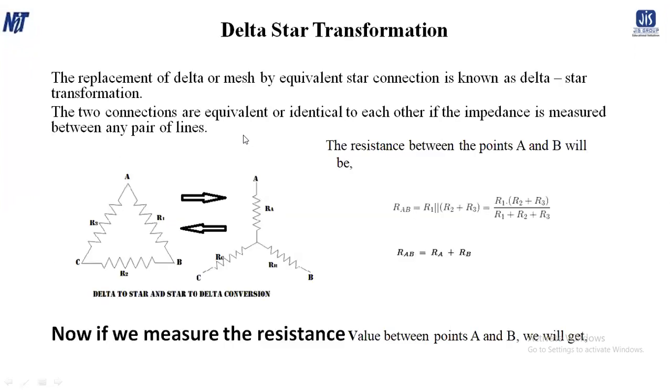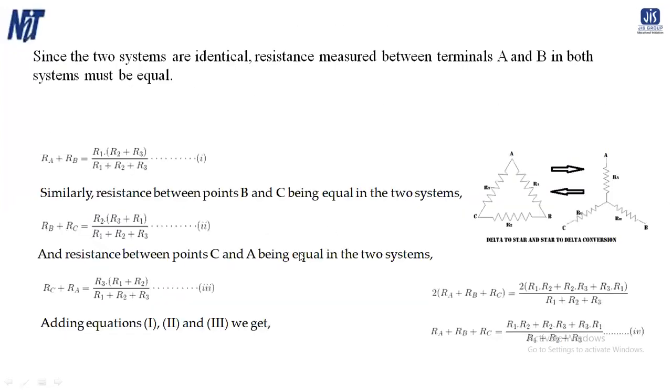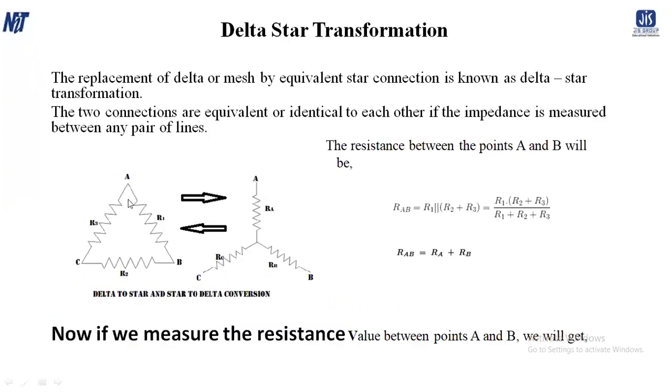Star delta transformation. The first one was delta star transformation, and here we find the values. We consider a delta network, and then we find the equivalent resistance across the AB, BC, and CA terminals.